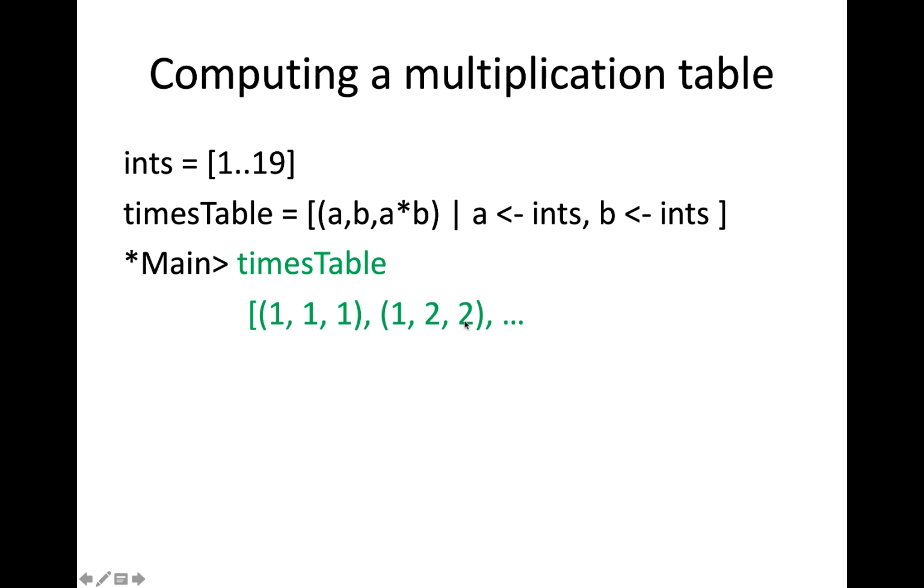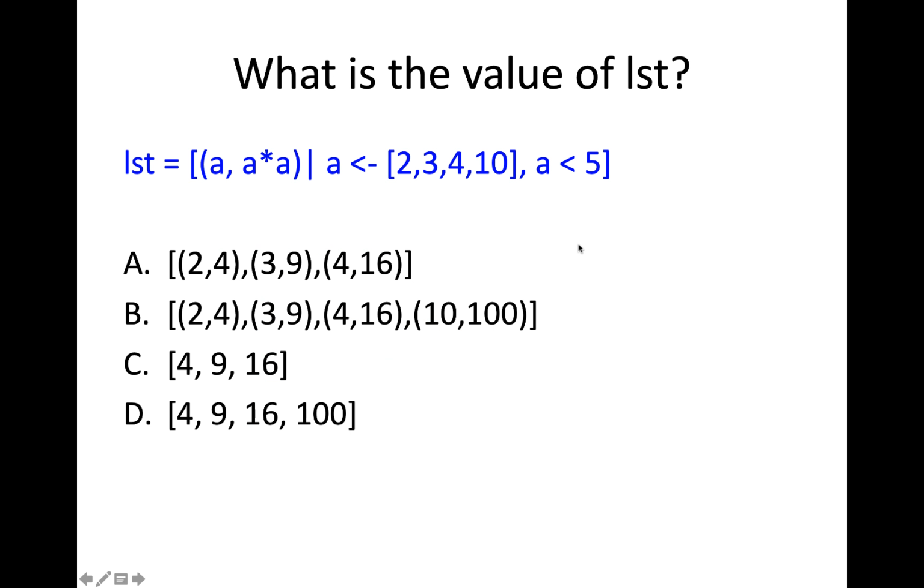And of course this is the multiplication. Similarly, a as 2, b as 1, b as 2, and so on, and all other possibilities. The whole multiplication table we get by this simple technique.